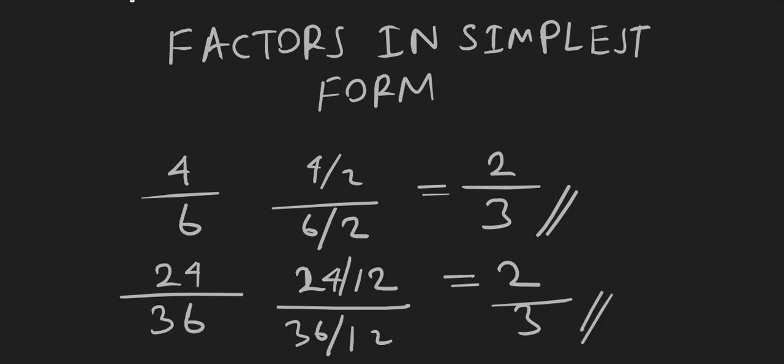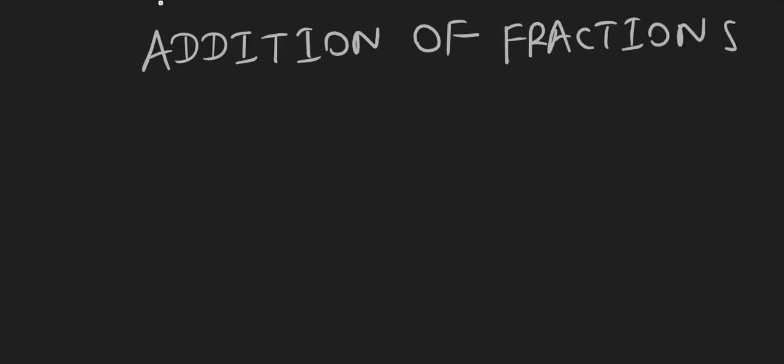Now let's look at how we can perform arithmetic operations on fractions. Now the addition operation can be performed on fractions. Now we'll consider this example where we have a common denominator.